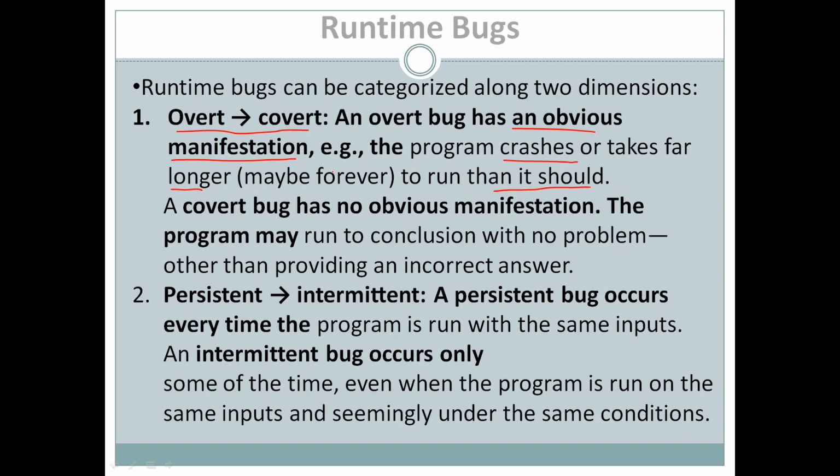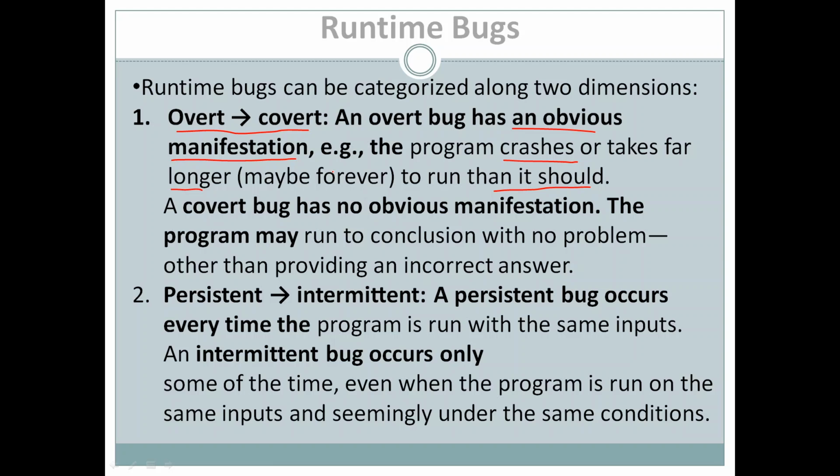You might have come across this overt bug when you execute your programs. The program will crash at some point and the program stops execution there. Such bugs are overt bugs.